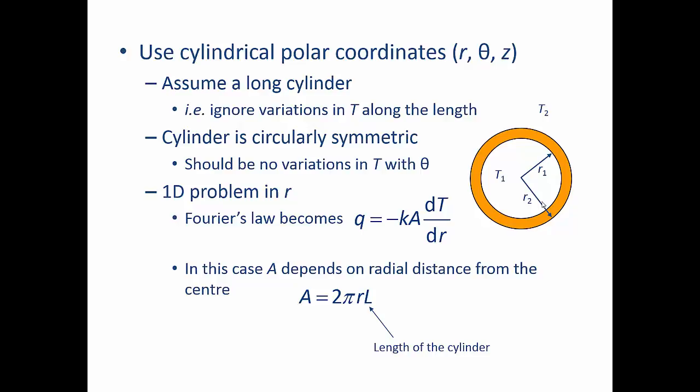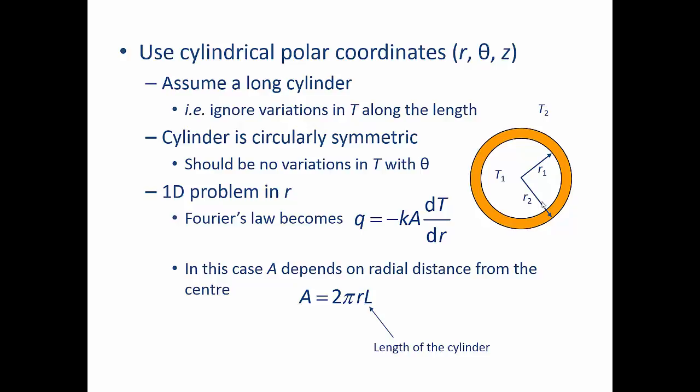In terms of geometry, it is natural to use cylindrical polar coordinates r, theta, z, and I'm going to assume that the system is circularly symmetric, so there are no variations in temperature with theta. This means the top and the bottom of the pipe will be the same temperature, which might well not be true in a real system. But it does mean that I can treat the problem as one-dimensional.